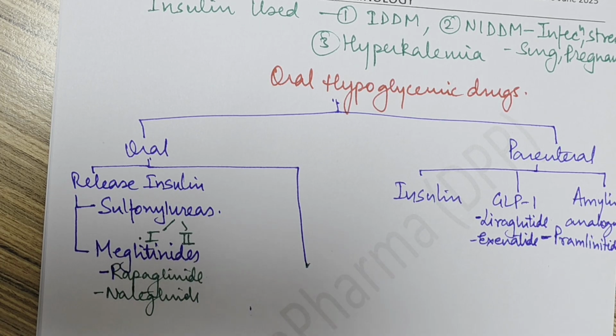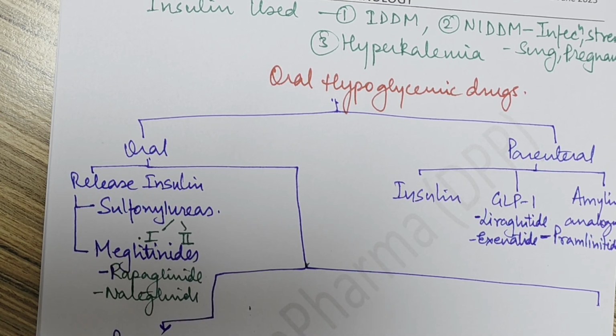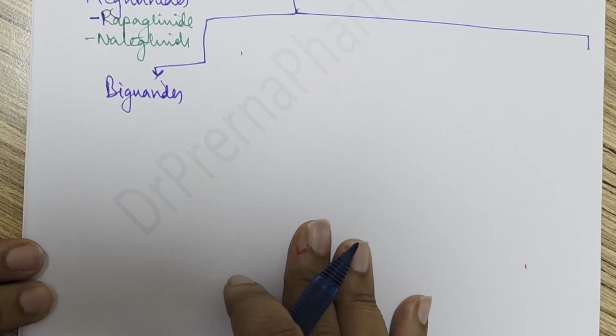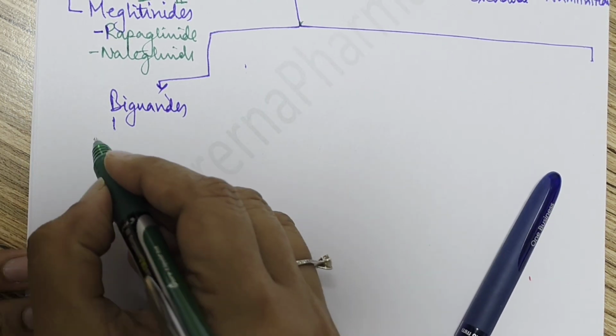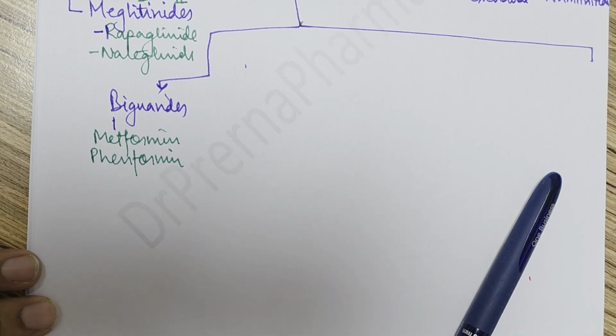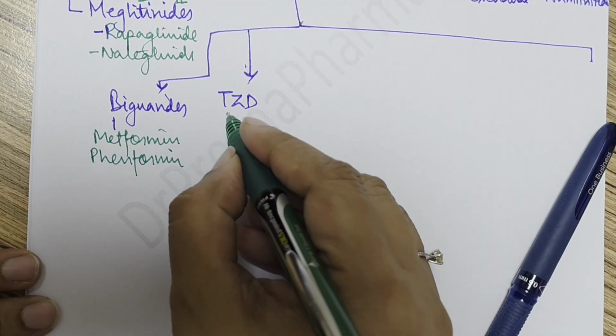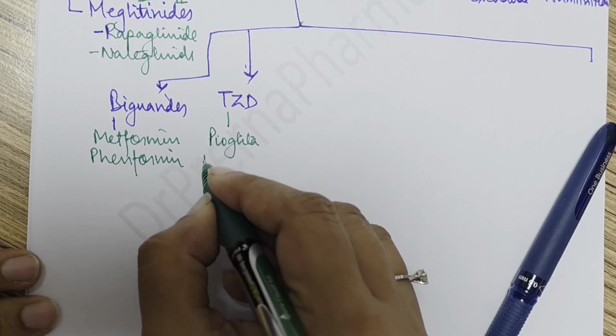Okay, then the third category, now this consists of a lot of drugs. So here the first category is biguanides, in which come metformin and phenformin, right? Then the next category of drugs is thiazolidinediones, in which we have pioglitazone, rosiglitazone.